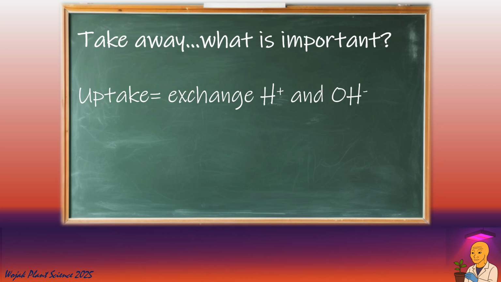And we have seen that we are basically exchanging H plus and OH minus, and how it affects the root zone pH, which at the end of the day, of course, affects your entire pH of your media, of your cocoa, of your rock wool block that you have in recirculation, and that is going to affect the pH of the solution that you use when you have rock wool in recirculation, for example.